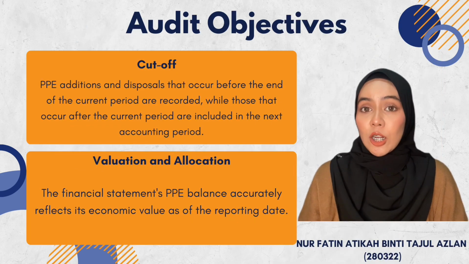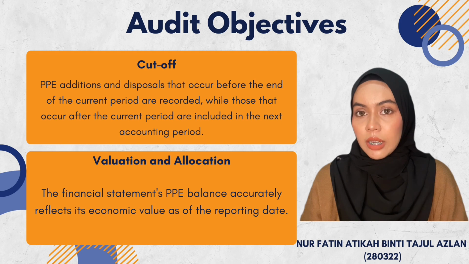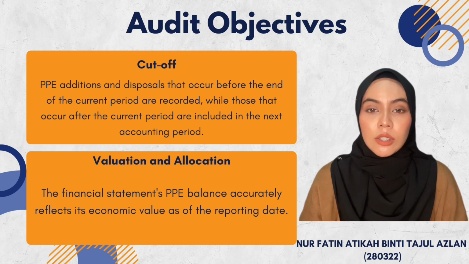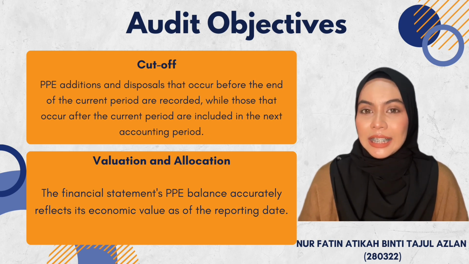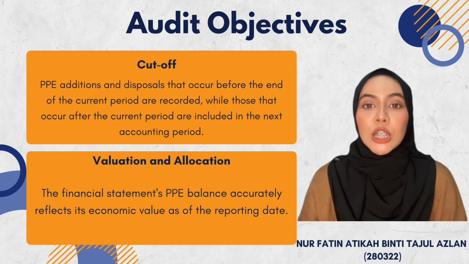Other than that, cut-off. Property, plant and equipment additions and disposals that occur before the end of the current period are recorded, while those that occur after the current period are included in the next accounting period. Lastly, valuation and allocation. The financial statement property, plant and equipment balance accurately reflects its economic value as of the reporting date.